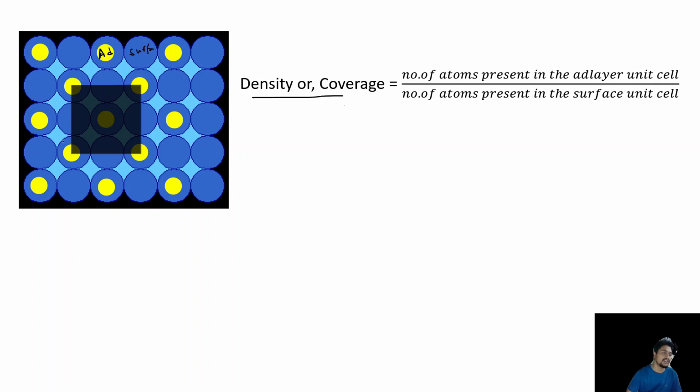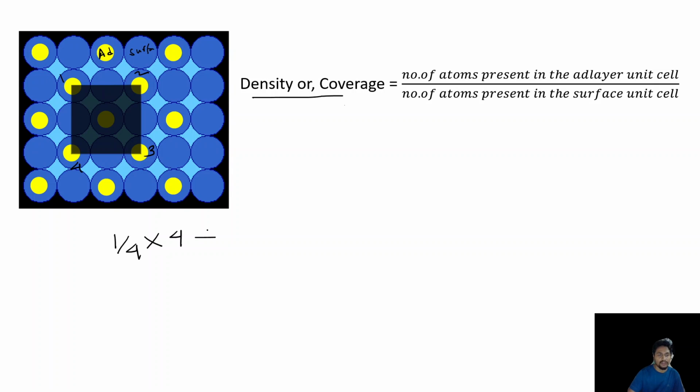So let's think about this cell. In this cell, how many surface atoms are contributing? There are one, two, three, four corner surface atoms, each shared by four nearby cells, right?